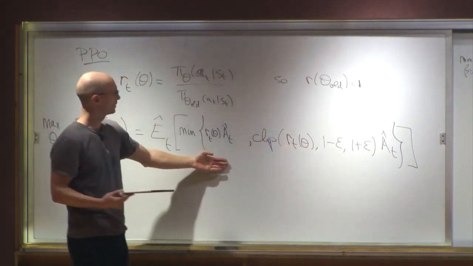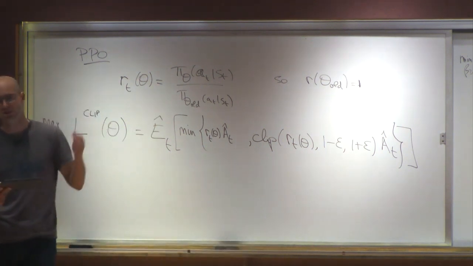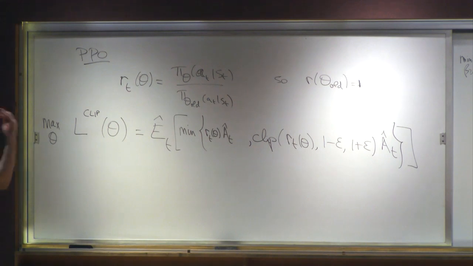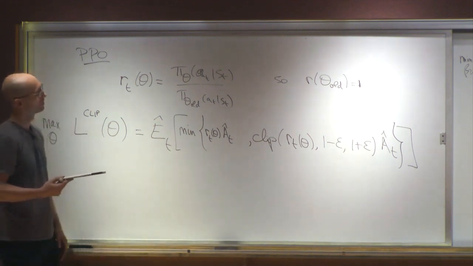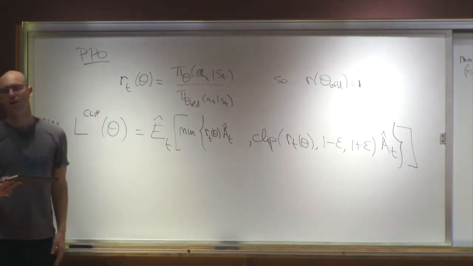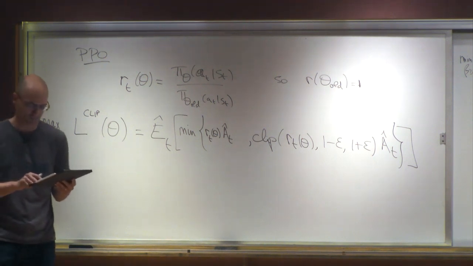And then you just build up your objective. This thing here, you feed it into an optimizer like PyTorch or TensorFlow, and it'll just do the work for you. And you take a bunch of steps on this objective, and then at some point, you get new rollouts, fresh data, and repeat. Any questions about this?